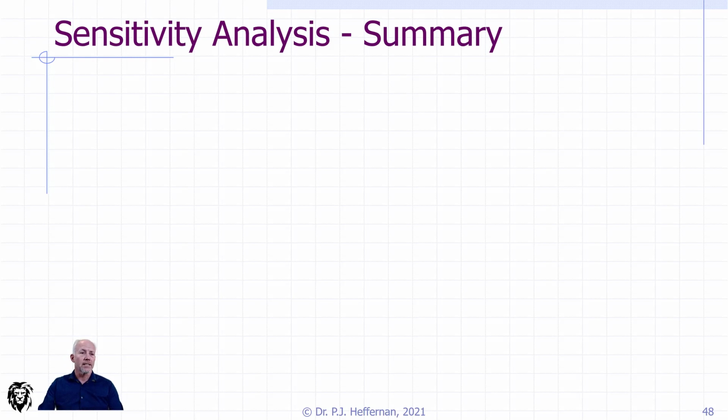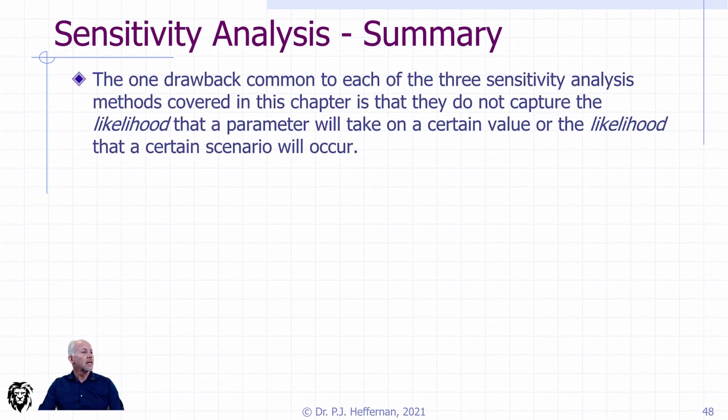So just to do a little summary of sensitivity analysis, the one drawback common to all of these techniques is that they don't capture the likelihood. I talked a little bit about that at the end of the scenario analysis, that it doesn't talk to the likelihood or the probability that a parameter will take on that particular value or that a certain scenario will occur.